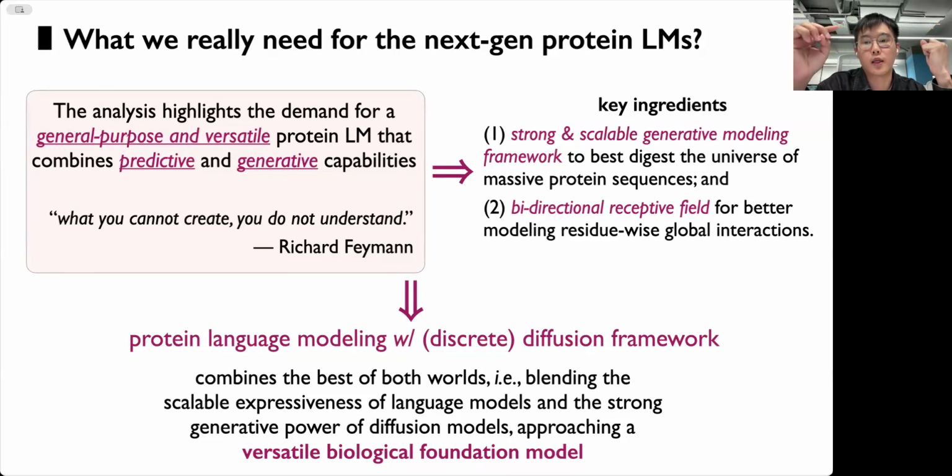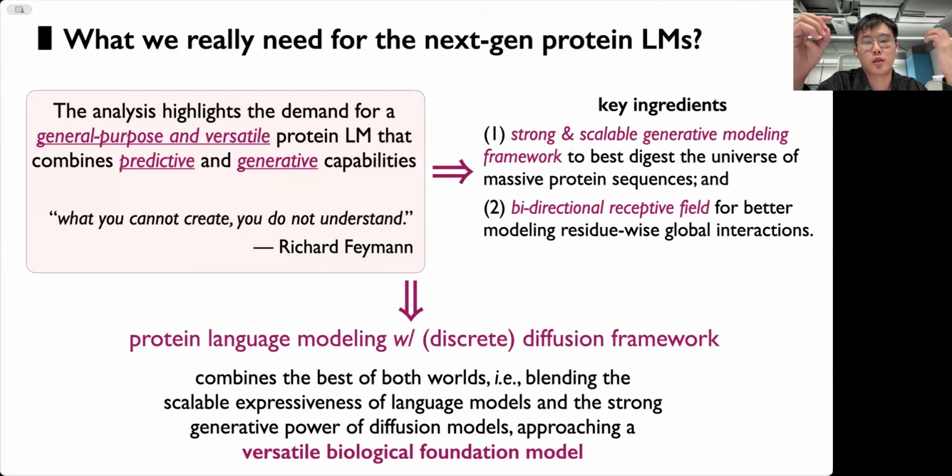And the second one is that you need to ensure that the model has a bidirectional or global receptive field for better modeling the residue-wise global interaction inside the protein sequence data. As a result, you don't want to use masked language modeling because it's non-generative, and you don't want to use an autoregressive model because it does not have a bidirectional receptive field.